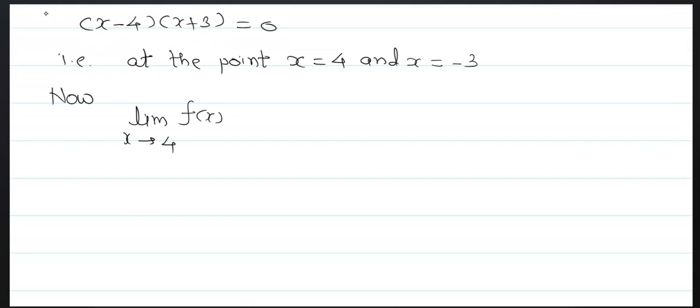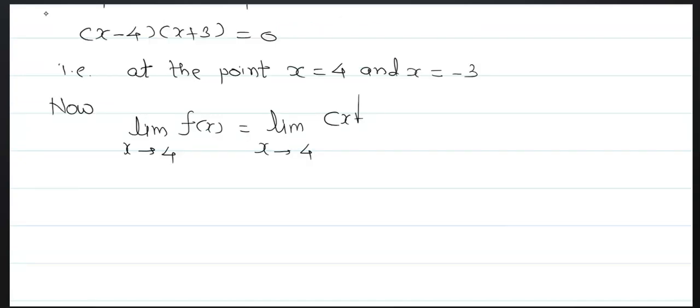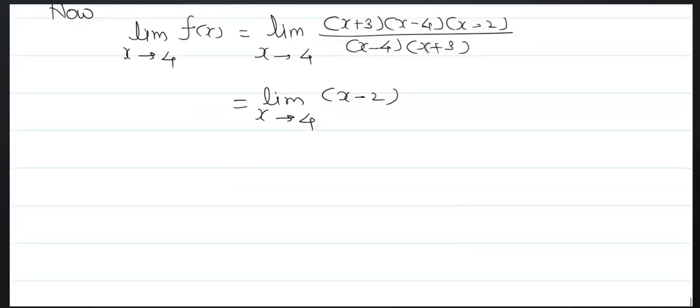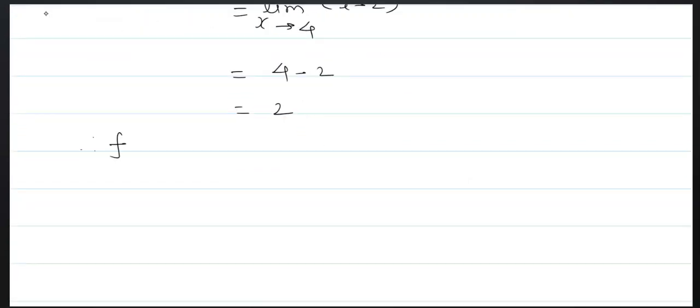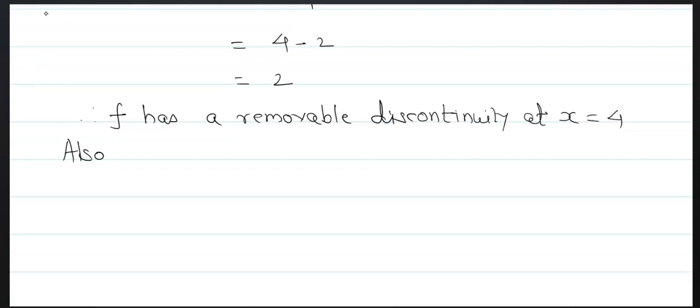Therefore, the limit as x tends to 4, x minus 4 gets cancelled. Limit is 2. F has a removable discontinuity at x is equal to 4.